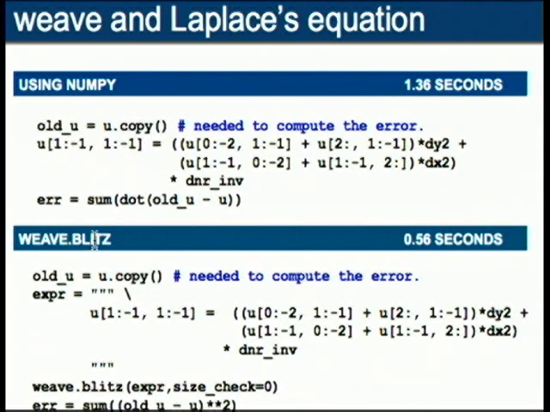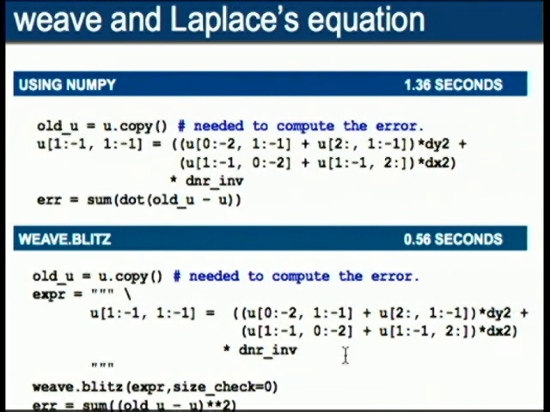Here we're using weave.blitz. If you notice, we're creating a copy of our original array, doing the update, the core computation, and then calculating the error. You notice the core computation is the exact same line here in Weave.